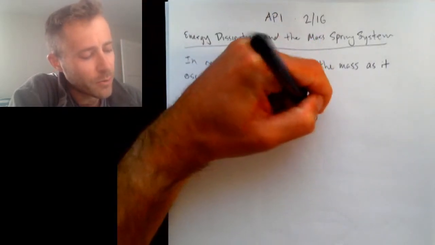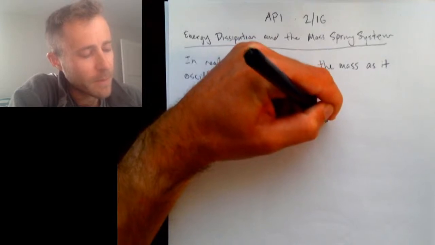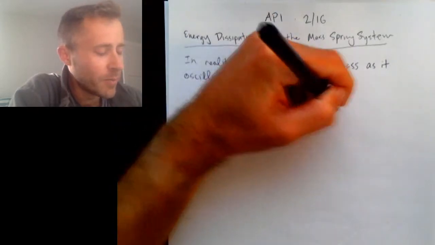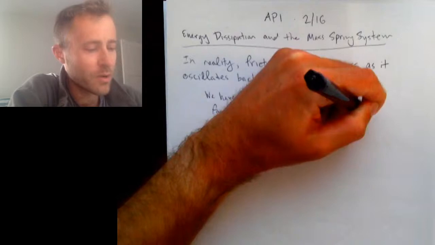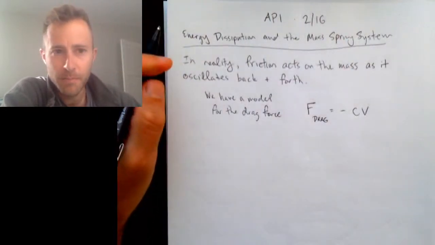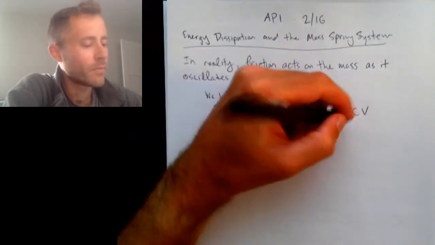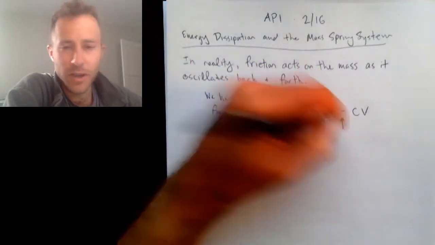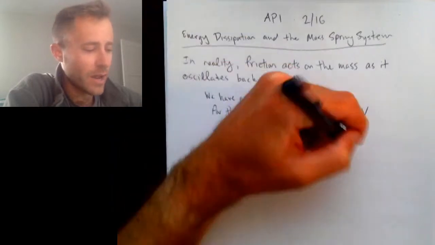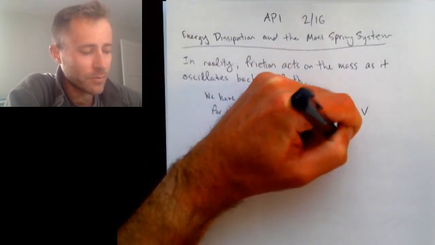So that model for the drag force is minus a constant times the velocity. This minus sign indicates that drag is an oppositional force.